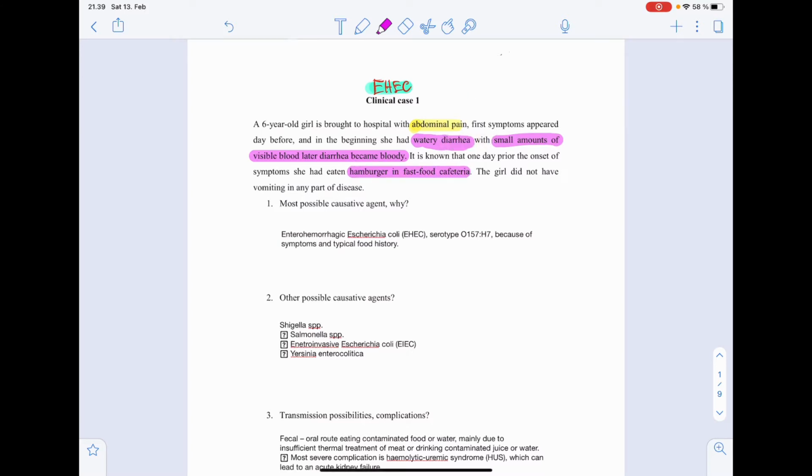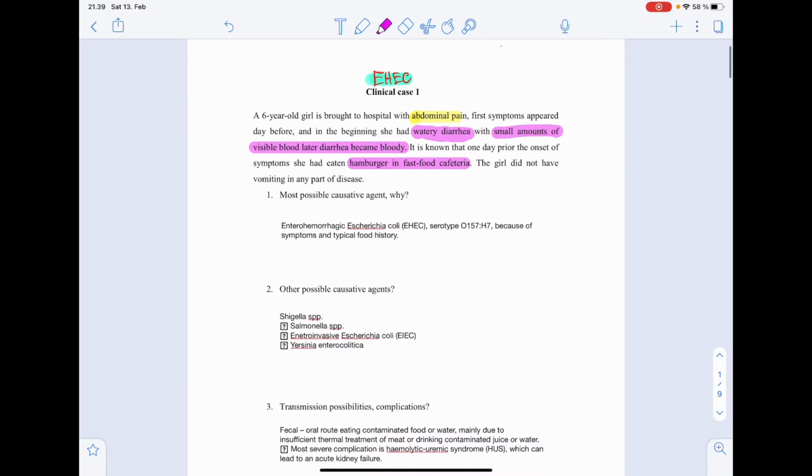As I have said, if a patient is eating more roadside food, which is fast food, this is the main reason that okay, fast food, then she must be having a bacterial infection from E. coli.